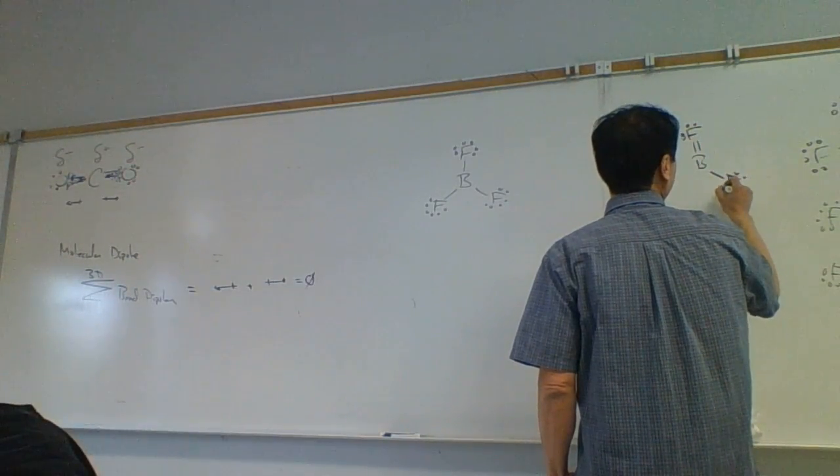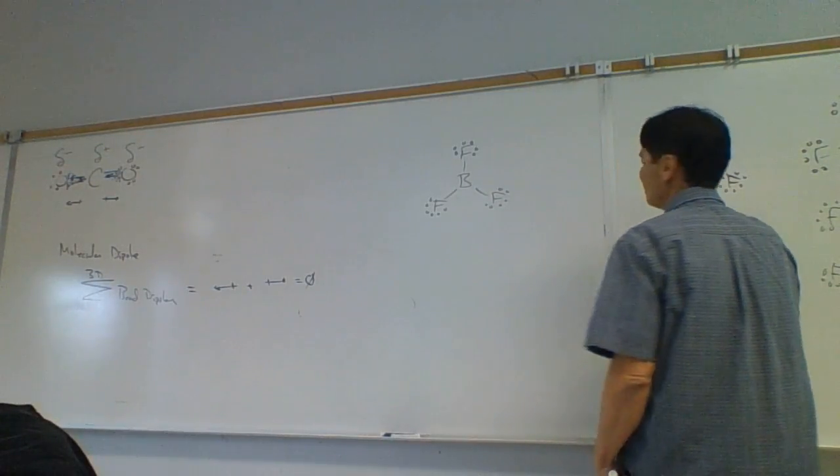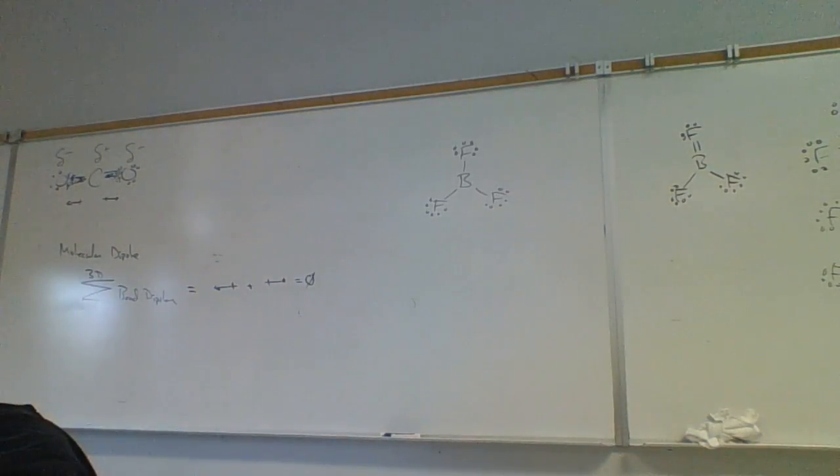Why? If I could double bond this, boron would be much happier because it has an octet. And so boron would be very, very happy, but fluorine would be very, very unhappy. Why would fluorine be very unhappy?